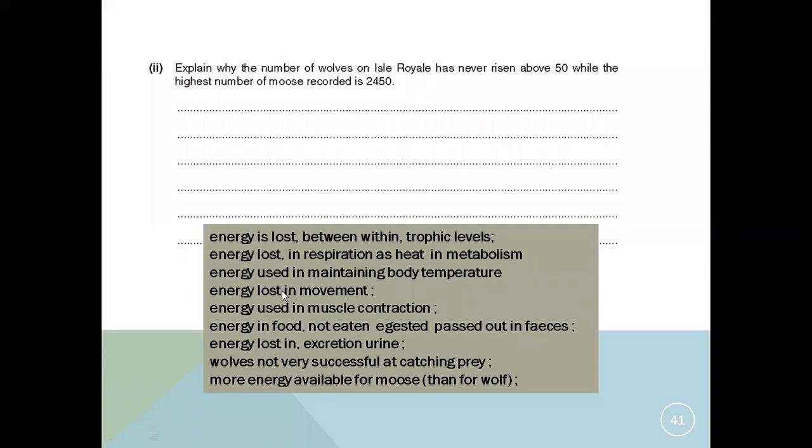Second, the primary consumer also lost energy when moving, through muscle contraction, and some energy is lost because some food is not digested and is passed out in feces, and energy is lost in excretion, in the form of urine. So all these factors contribute to the energy being less at the high trophic level compared to the low trophic level. That's why the number at higher trophic levels is less.